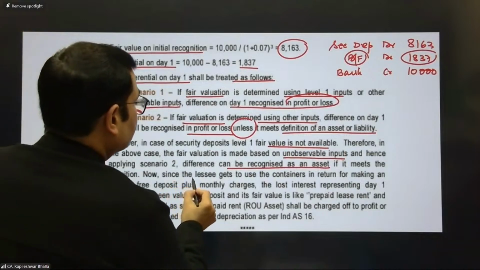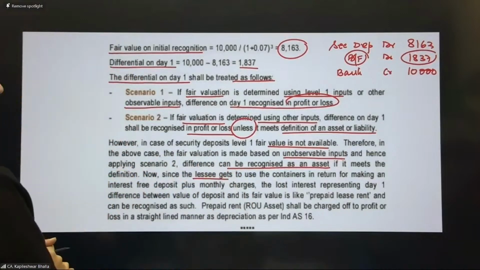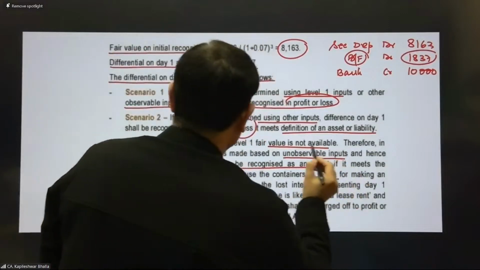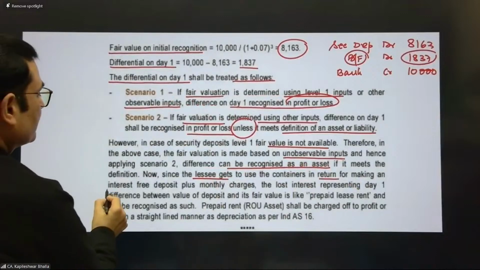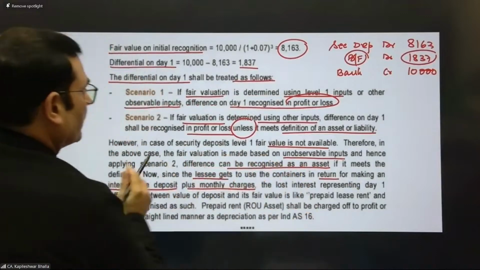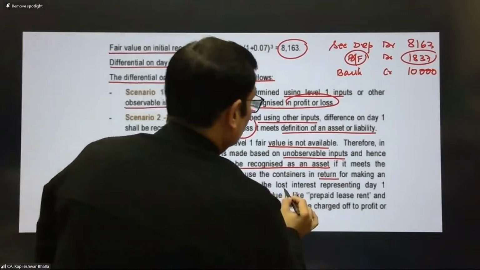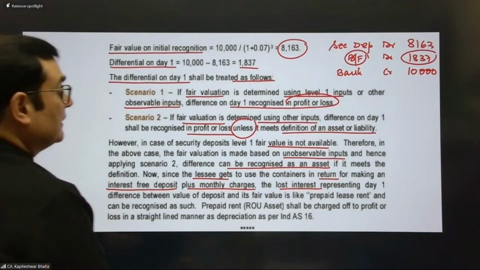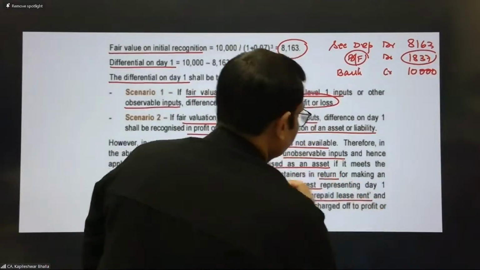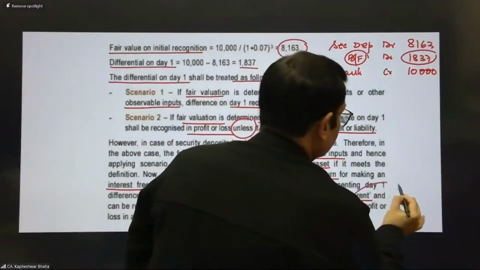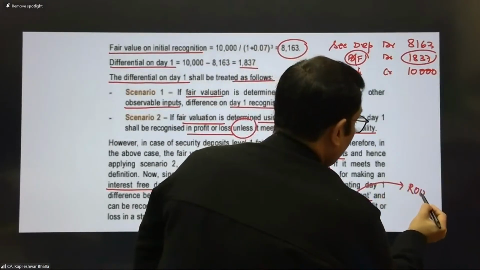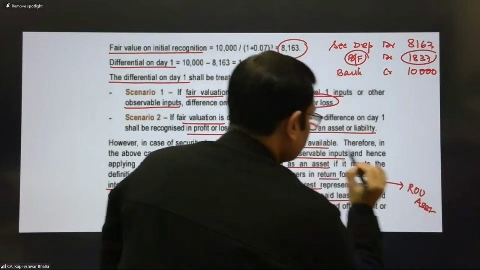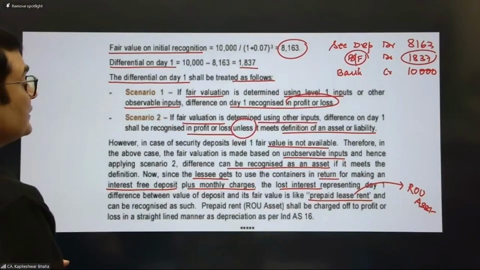Now, since the lessee gets to use the containers in return for making a payment that is an interest-free deposit plus a monthly charge, the difference representing the day 1 difference between the fair value and the amount paid is a prepaid lease rent. But I would rather say that it is to be treated as an ROU asset and can be recognized as such.